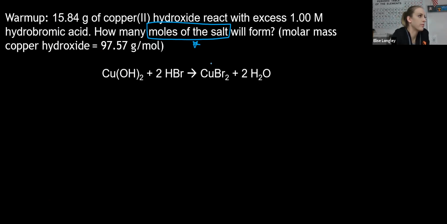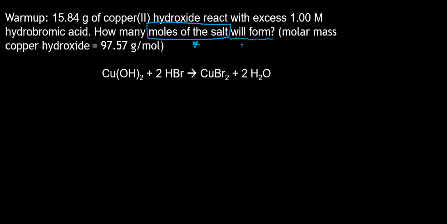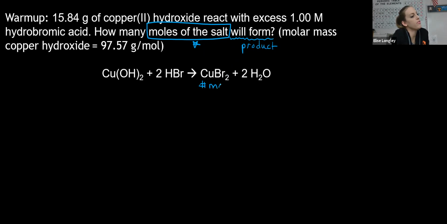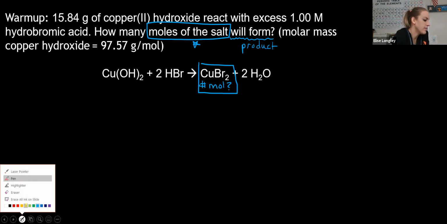Which one is it looking for? Which one in the equation? Our keyword is that it will form. So does that mean it's a product or a reactant? It's a product. Which product is the salt? CuBr2. Good. So the number of moles is our question. This guy is our question. Awesome.